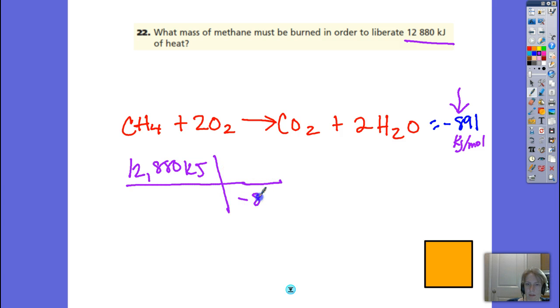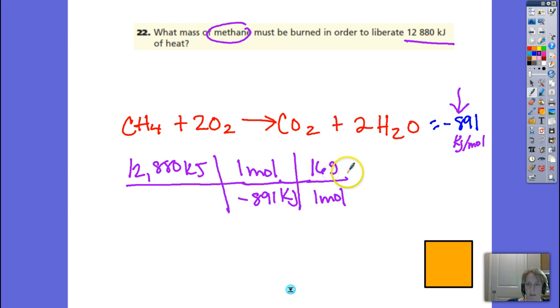So I can put that down here, and that's going to be for 1 mole. And then it's asking for methane, which we have as 1 mole equals the molar mass, which is 12 plus 4, so we're going to have 16 grams.